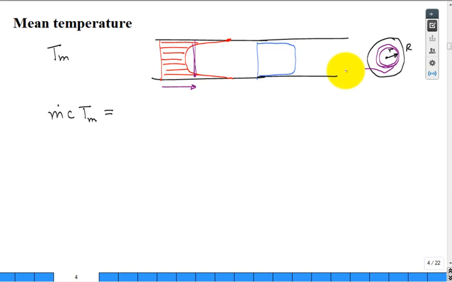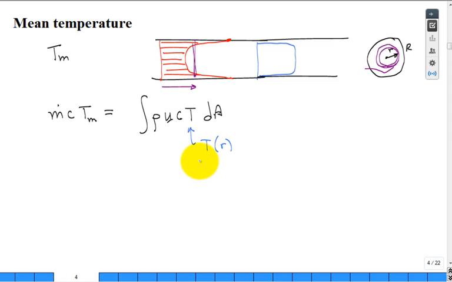And so we would say, well, I need to sum it up for each little ring. I need to do an integration. So we would do the sum, the integration, over all the little ring areas of, I want to get that little bit of mass flow rate in it. That would be rho times the U times the dA gives me the little mass flow rate, times the specific heat times the temperature. I have to emphasize, is this T a function of radius?